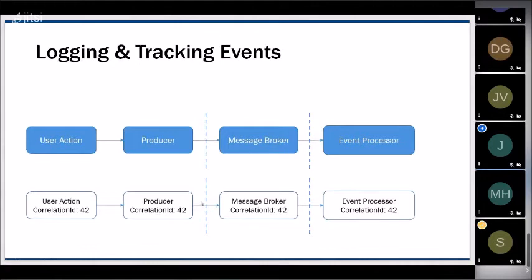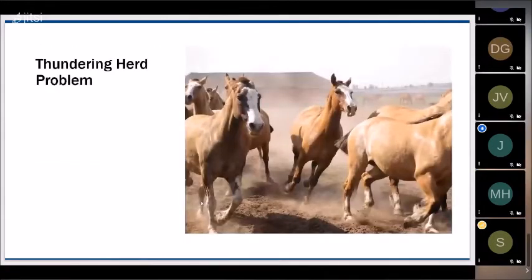Another fun event-related problem is the thundering herd problem. This is specific to topics. Let's say you have a customer, they update, and you have a whole bunch of people that subscribe to that customer update. Every time the customer service fires off an update, all of those downstream consumers are going to then hit the customer service to get more data out of it.